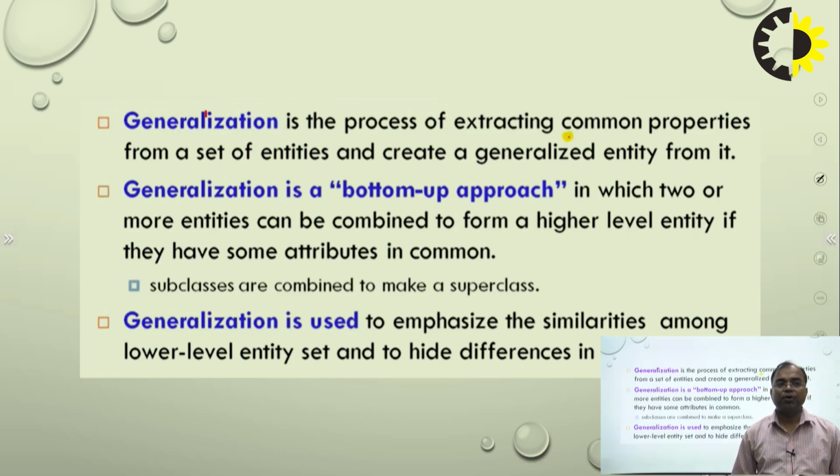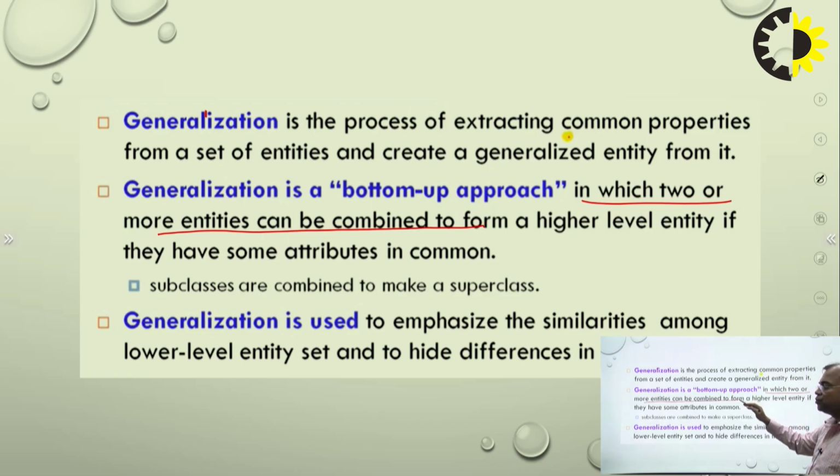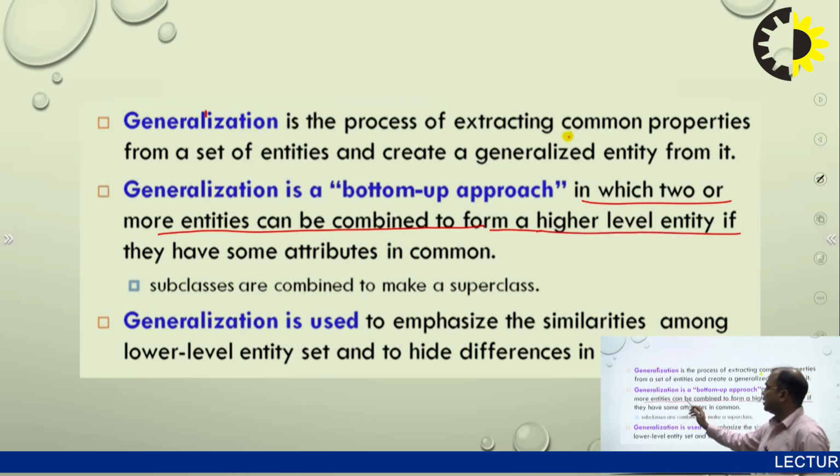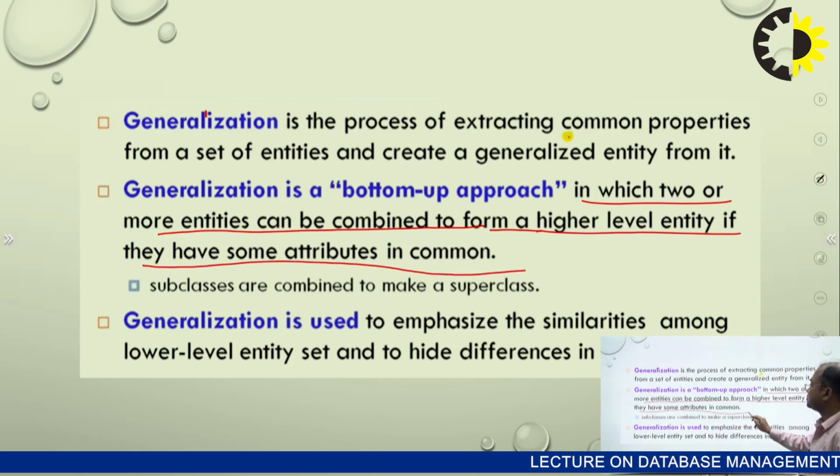Why is it a bottom-up approach? Generalization is the bottom-up approach in which two or more entities can be combined. From the existing entities of the ER diagram, we take two or more entities from that ER model and form a higher-level entity from them, and they have some attributes in common.